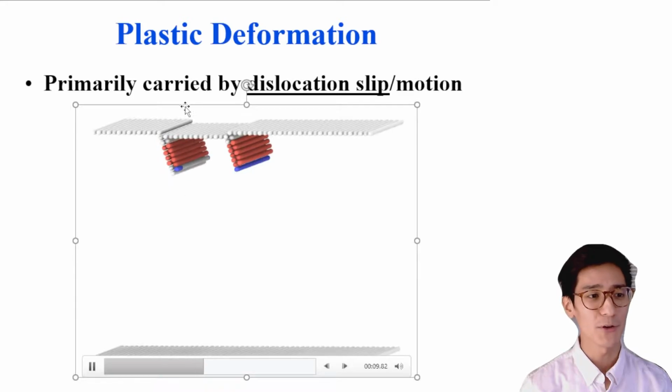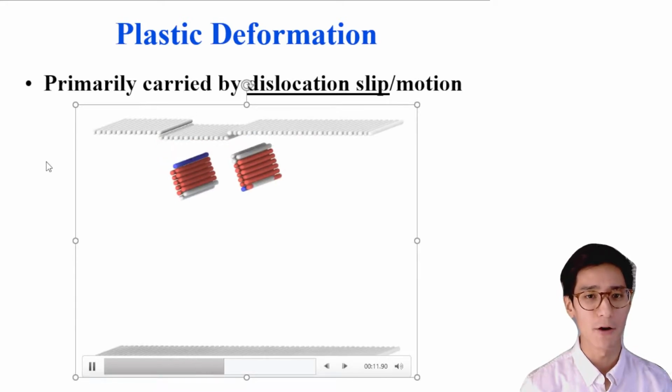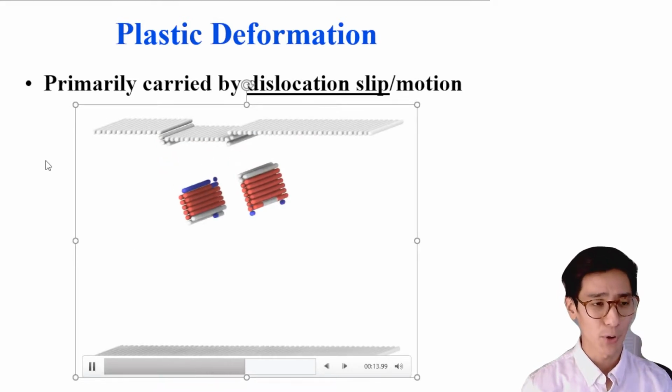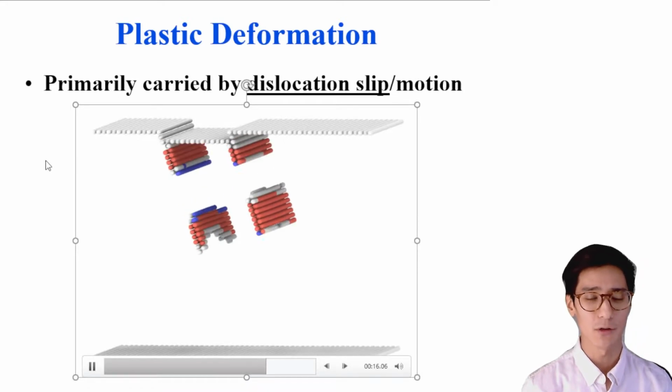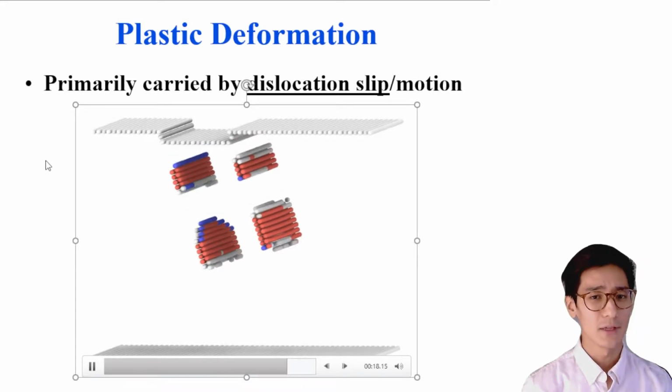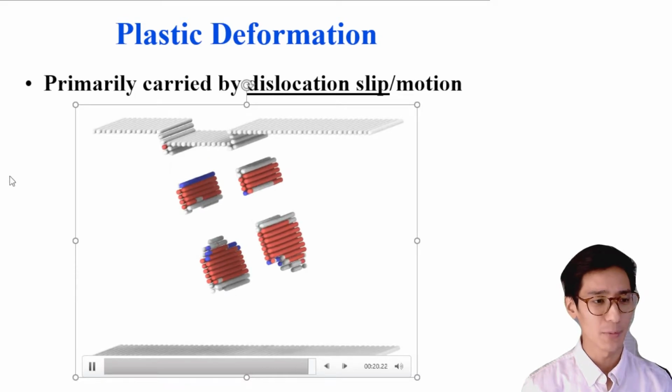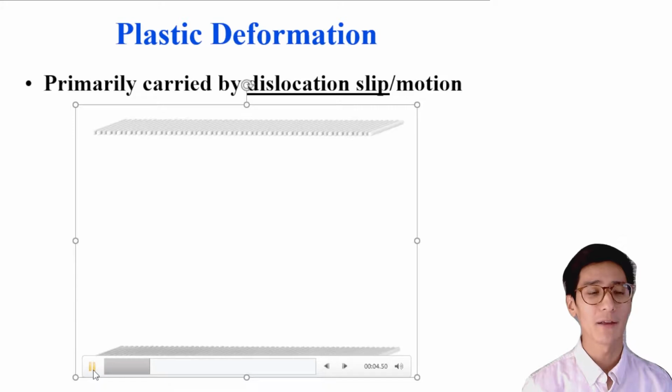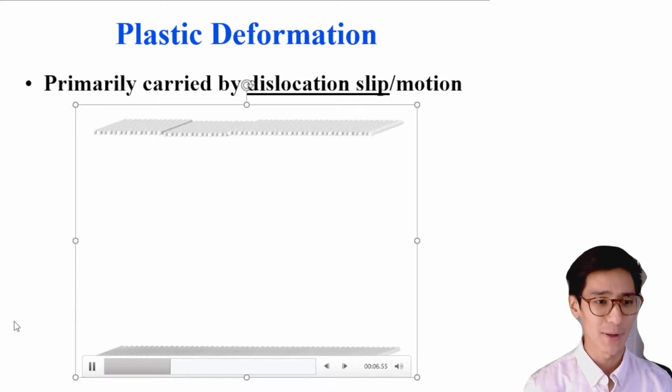Here, the top surface of the material is pushed down, resulting in permanent plastic deformation. These defects you see propagating through the material are dislocations. Dislocations are the primary carrier of plastic deformation in metals.